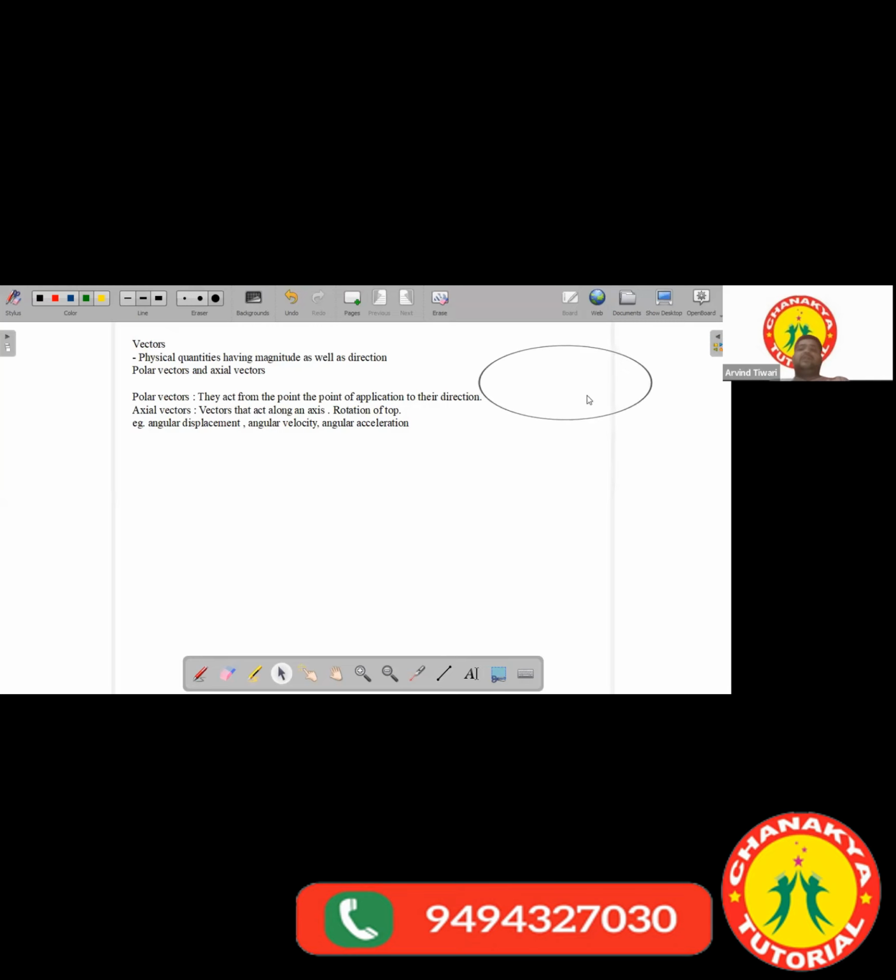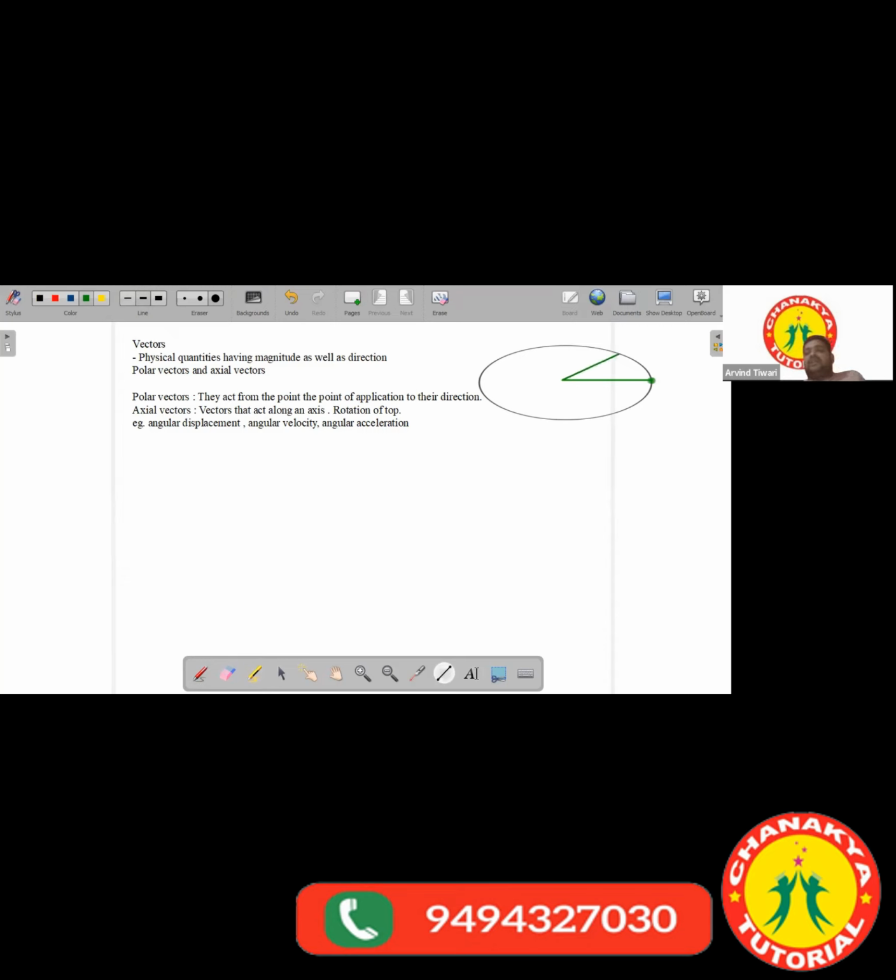Suppose it starts moving from here, let this be the starting point, and the object starts moving in the anti-clockwise direction. There are two possible senses of rotation: either it can move anti-clockwise or clockwise.